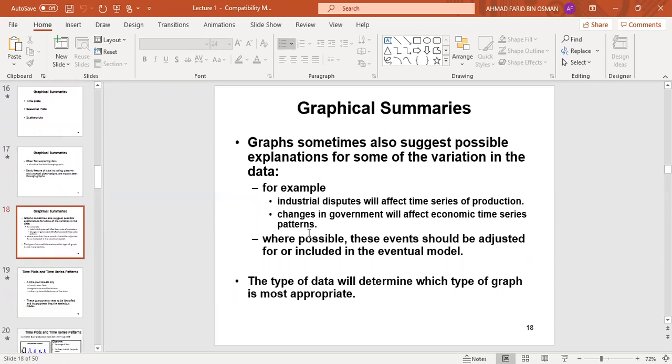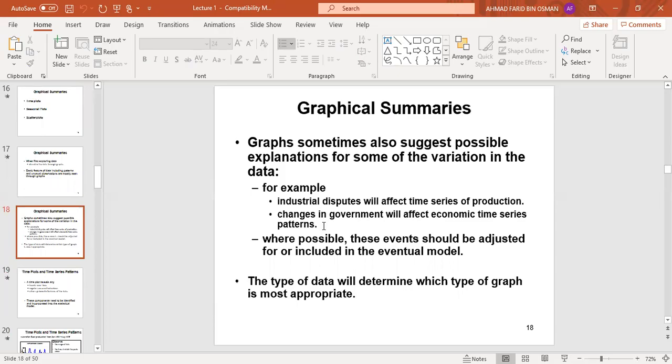Another example is that changes in government will affect economic time series patterns. Normally you can see this kind of situation in share prices. When the government changes, the stock price drops, for example.